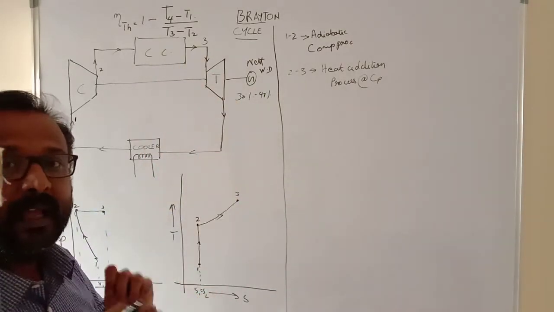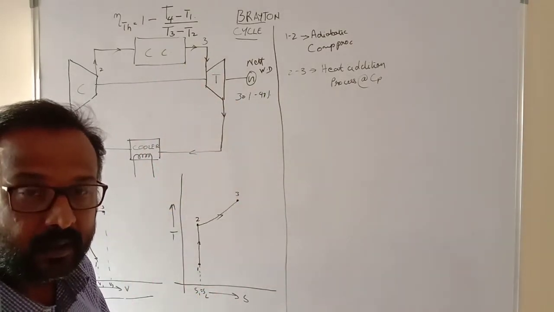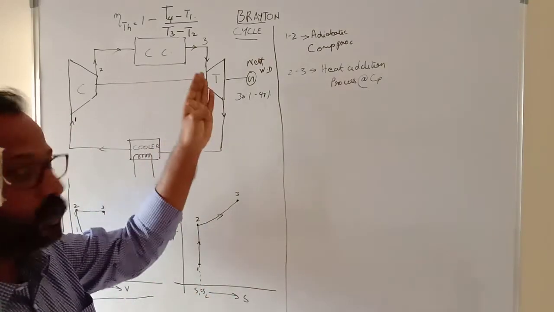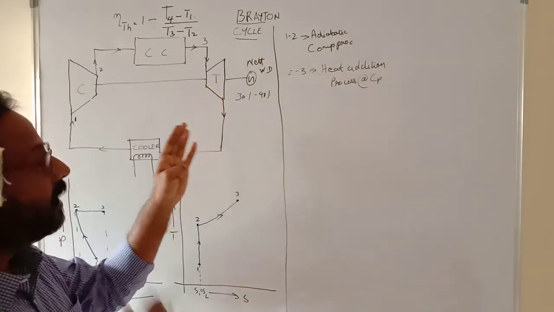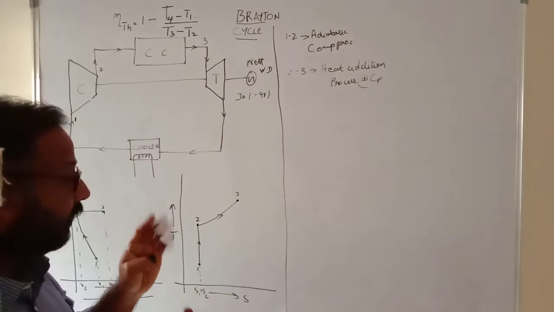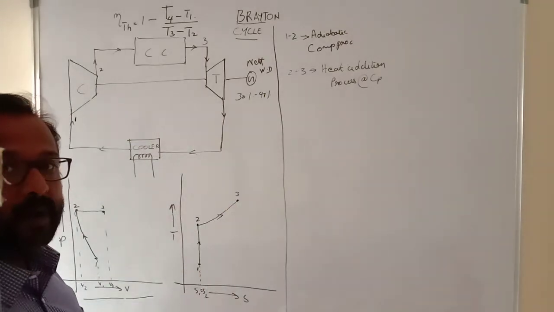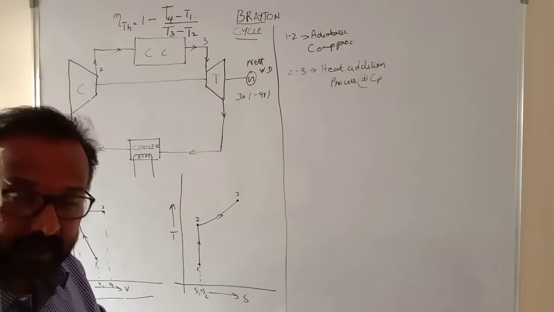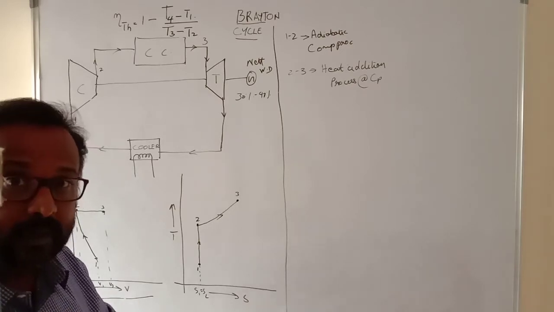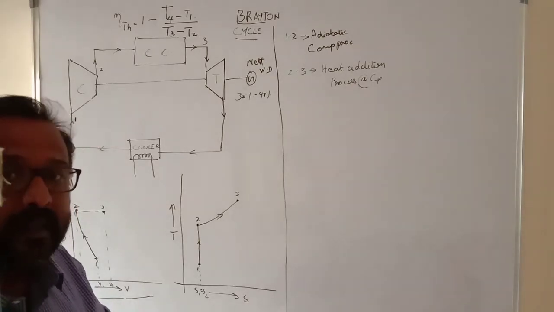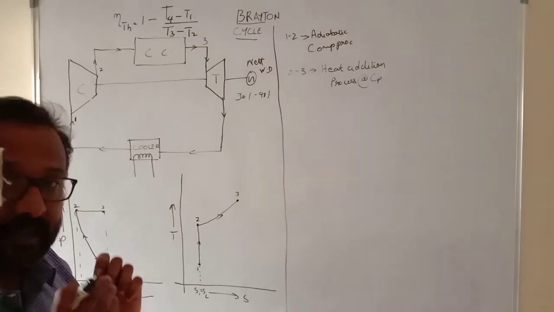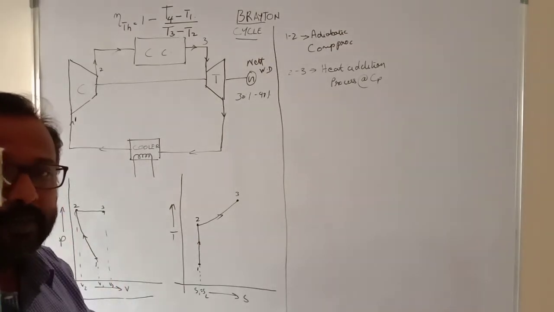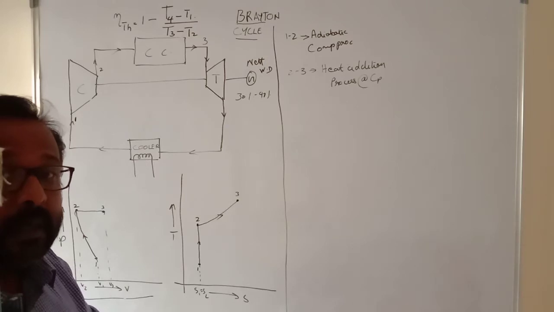That means the hot air expands inside the turbine, thereby rotating the turbine. When air expands, two things happen: the pressure reduces and the volume increases. And thirdly, when hot air is allowed to expand, the temperature also decreases.